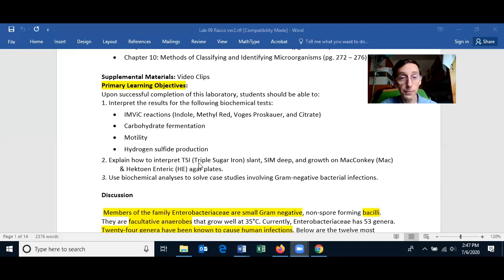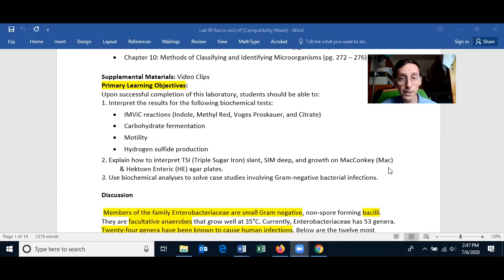So the triple sugar iron test is a test which looks at hydrogen sulfide production and carbohydrate fermentation. There's a little bit extra in that, but that's mainly what it is. The SIM test looks at hydrogen sulfide production, motility, and the Indole test.